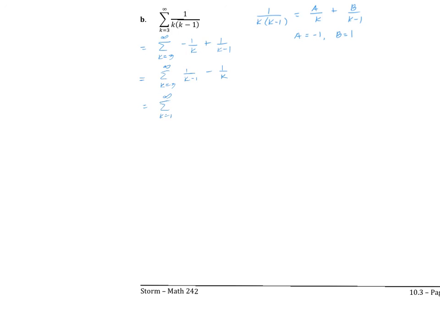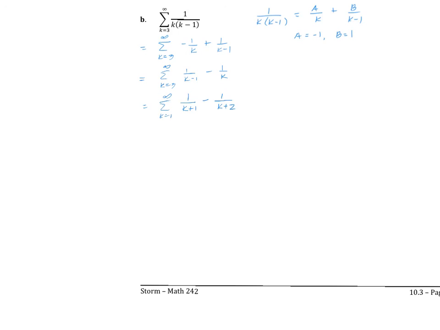So I'm subtracting 2 from my starting value. This becomes k plus 2, subtract 2, add 2, k plus 2 minus 1, and 1 over k plus 2.